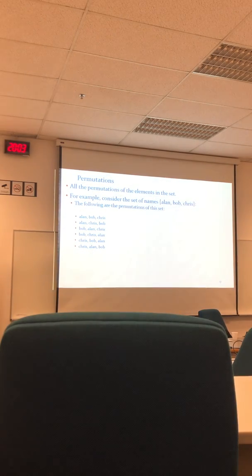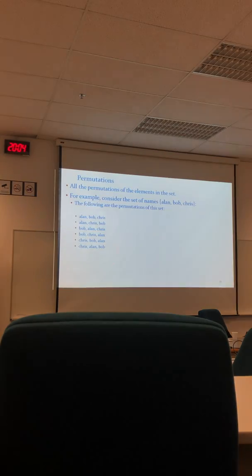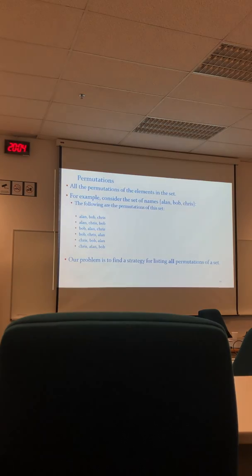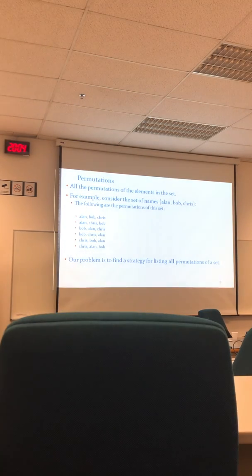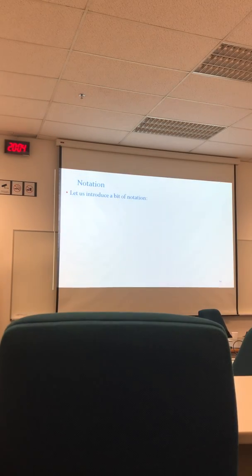Now we want to work out a method to compute all the permutations. Given a set of elements, we want to work out a method to list all the permutations. Our problem is to find a strategy for listing all the permutations. Here we need a little bit of notation.